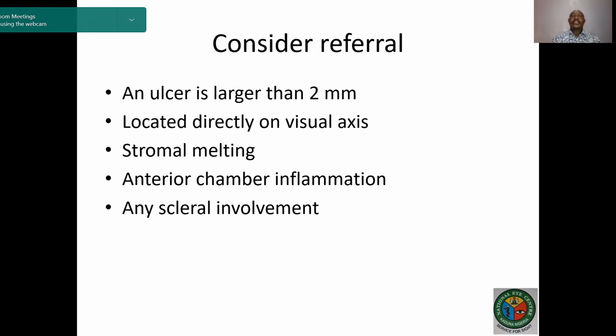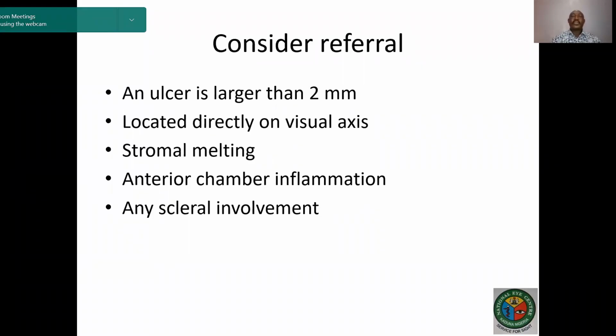When the ulcer is directly located on the visual axis, you should also consider referral. When you begin to have stromal melting, these are indications that your management needs to be reevaluated and the patient needs to be aggressively treated. So a consideration for referral is very imminent.